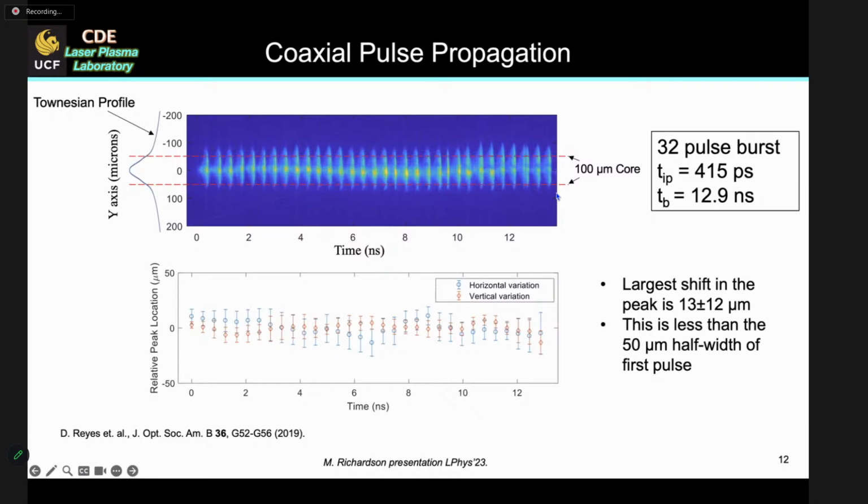The consequence of this is that we, in essence, have been able to stitch filaments together, either with separations of 420, or even 30-odd pulses together, or 16 pulses that are 800 picoseconds or so separated from one another.